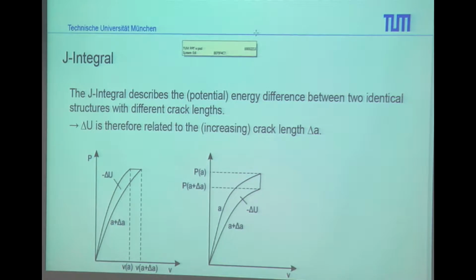So how does it look like? For example, if you go now into the J integral, the J integral at the end gives you some information between 2 and, sorry.